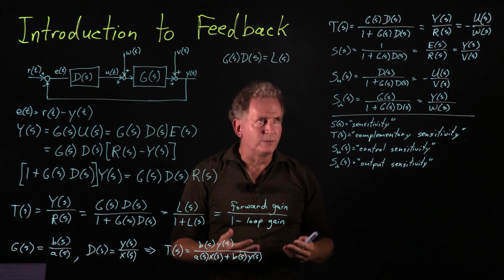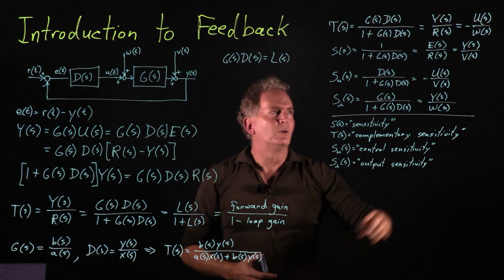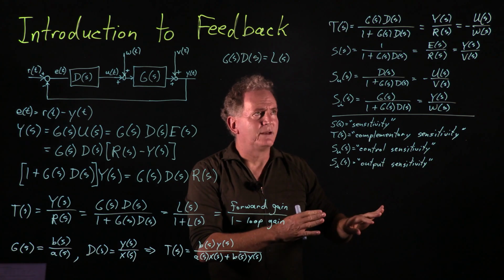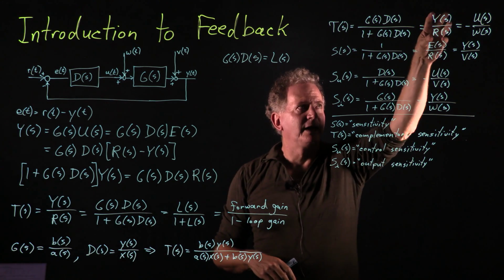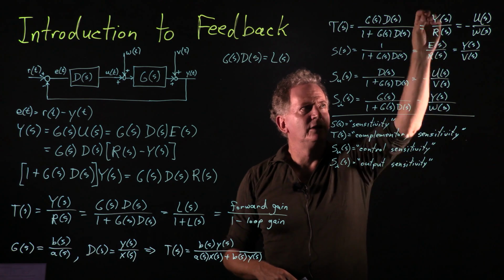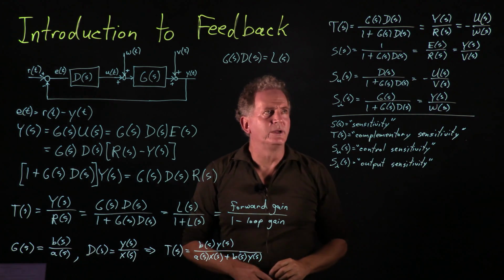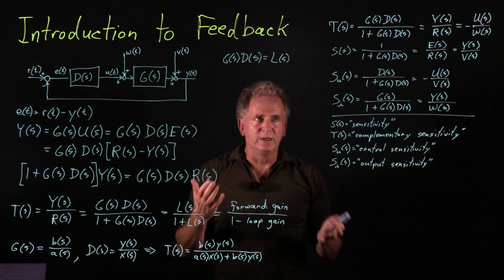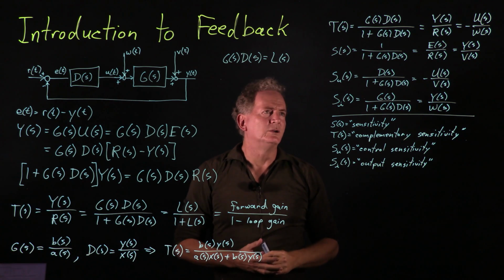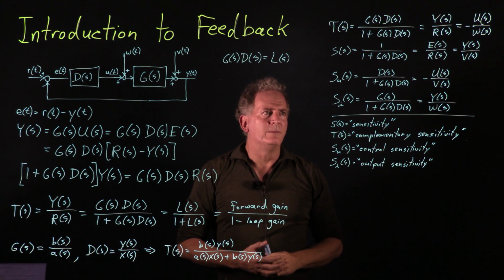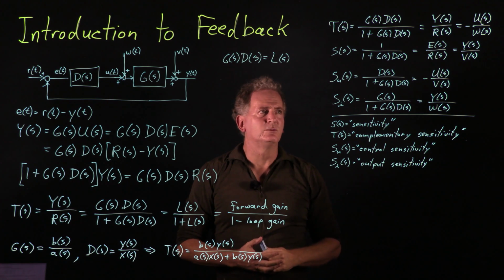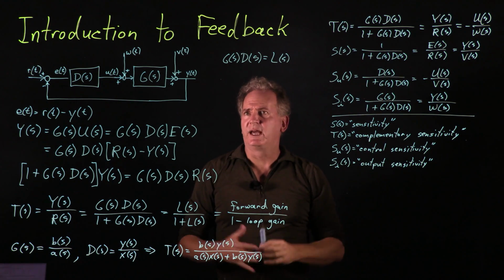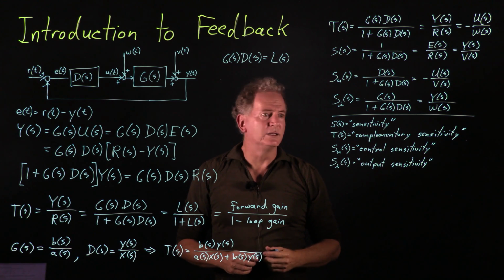There's a fundamental performance limitation here, is that if you want to limit this sensitivity, then you can only do that at frequencies that you're not tracking, that you're not getting a good y of t following the behavior of r of t coming in there. And so you see that there are fundamental performance limitations which limit what you can do with this control effectiveness. There are several more fundamental performance limitations which we will discuss in a following video, but this is just one indication that you can't do whatever you want.